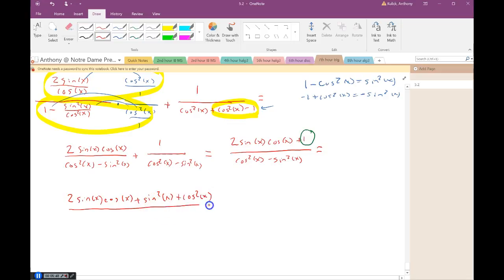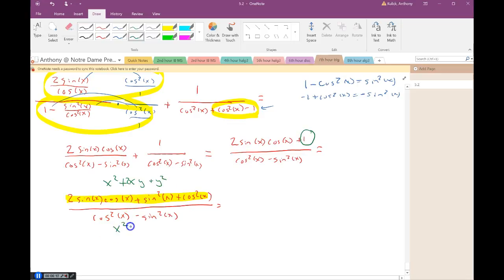And you might ask yourselves, why in God's name would you want to go backwards and make it look worse? Here is the reason: this is now like a quadratic that's factorable. It's basically like x squared plus 2xy plus y squared.